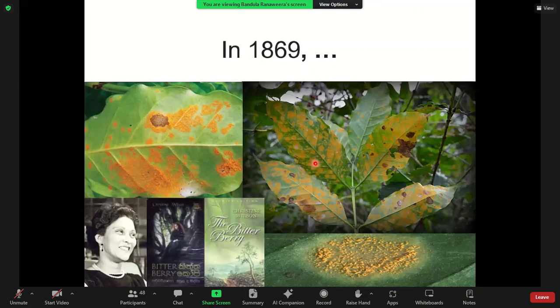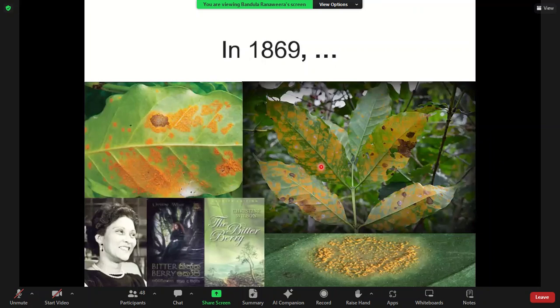And due to this epidemic of coffee rust disease in 1869 and around these years, in our country, the coffee plantations were replaced by tea plantations because there was no possibility of controlling coffee rust at that time.